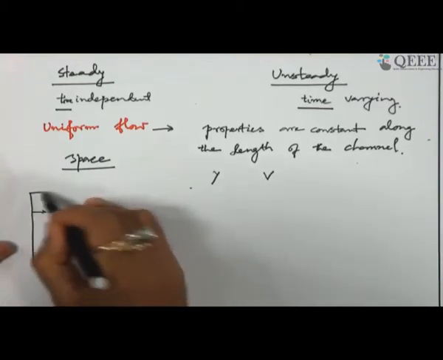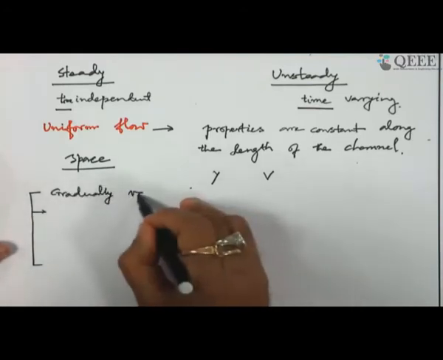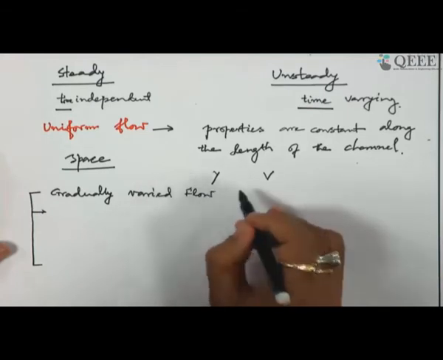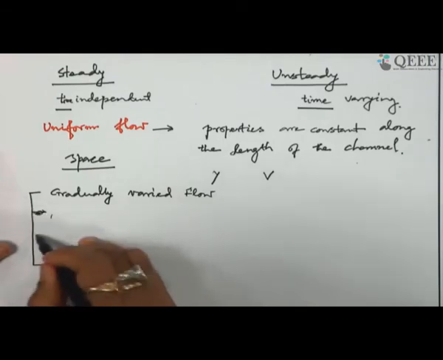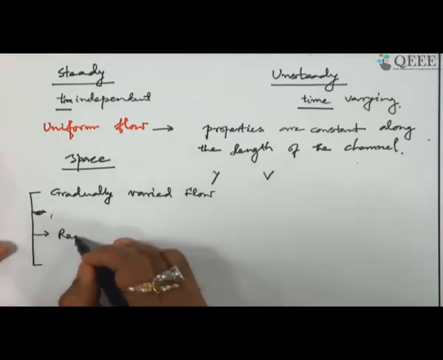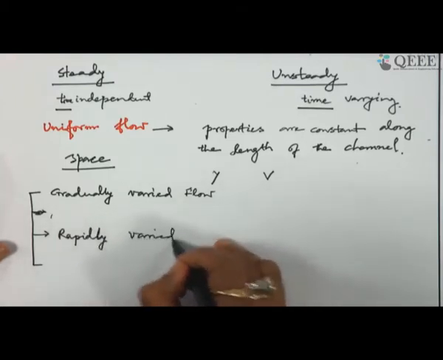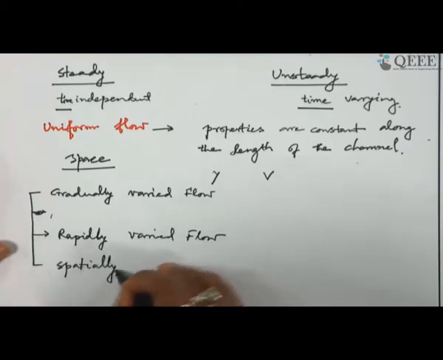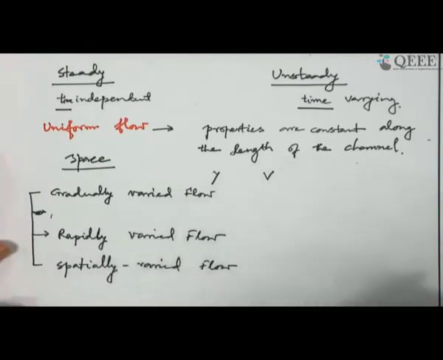Now, steady flow can be steady gradually varied flow, rapidly varied flow, and the third one is spatially varied flow.